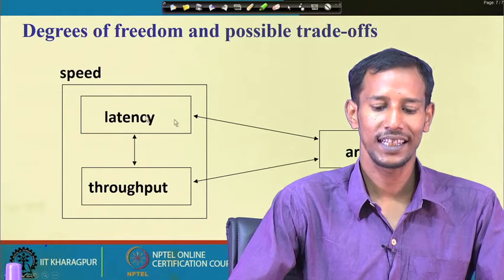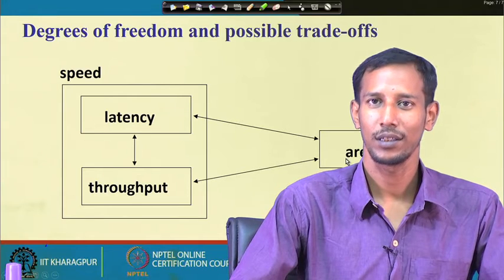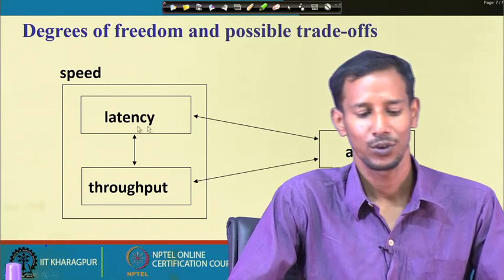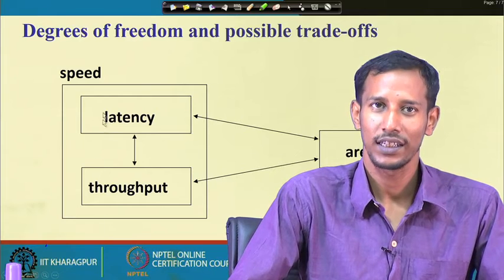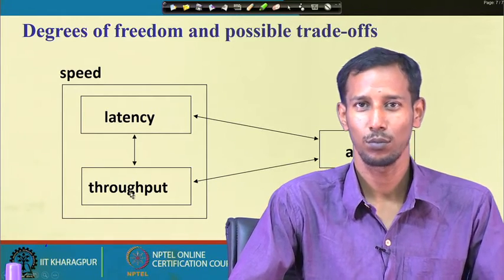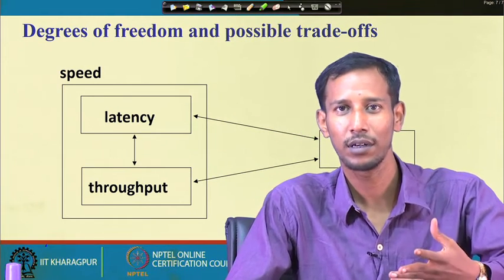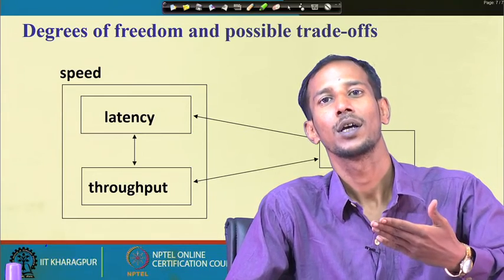As I said, if you try to decrease the area, you have to lose in terms of speed. Speed can be in terms of latency or throughput, and if you increase the speed, you have to put in parallelism. Parallelism means you can make multiple copies of each processing element and process simultaneously.